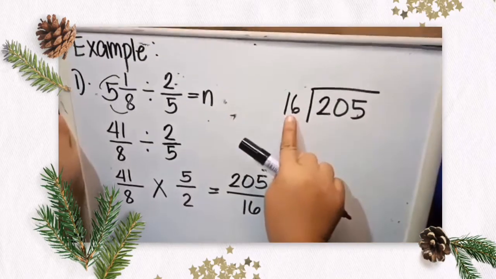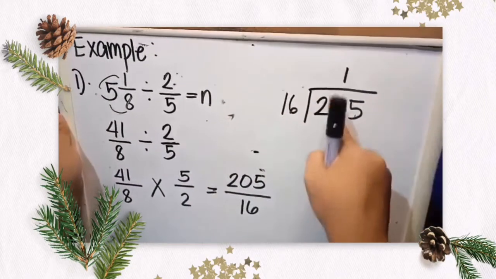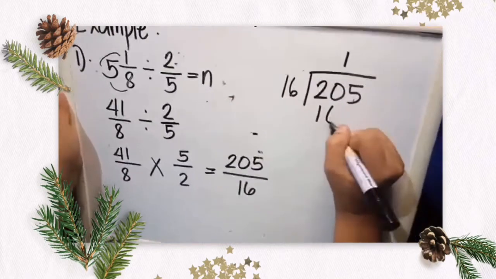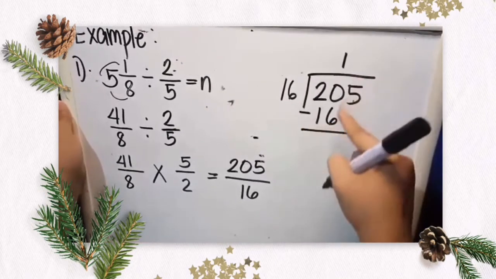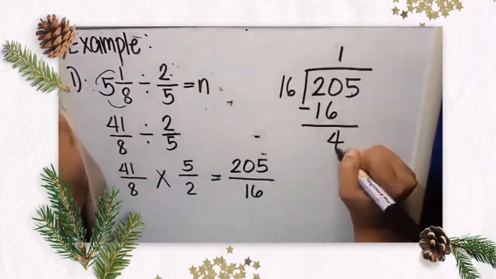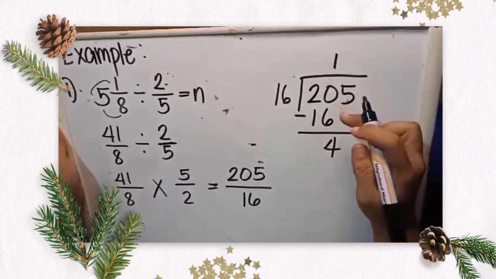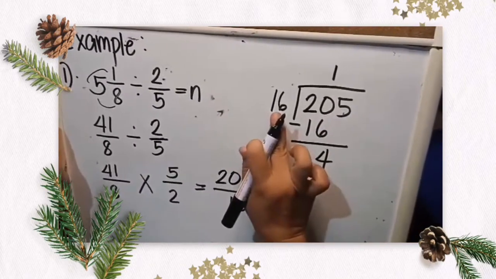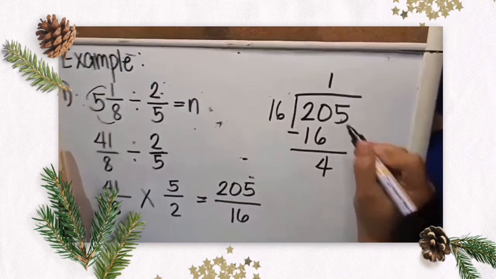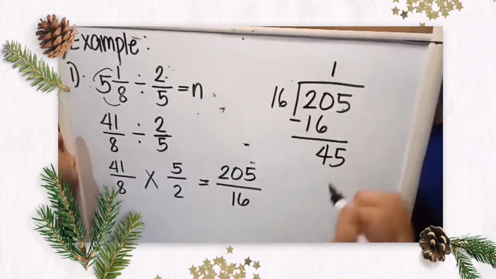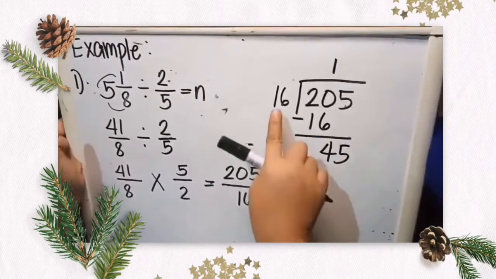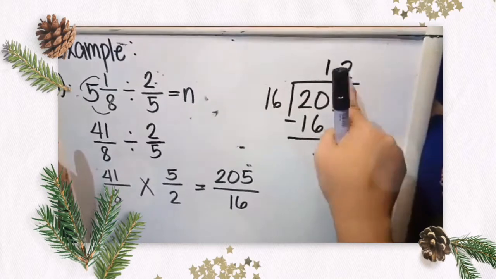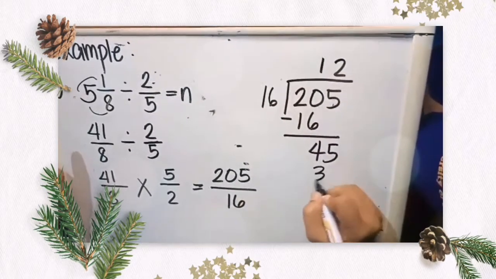20 divide 16, that's 1. 1 times 16, that's 16. 20 minus 16, so 4. Kung magbaro-baro ka, ako nang gidretsyo. 4, di man na ito ma-divide sa 16, kay gamay raman si 4, so you bring down 5. 45 divided by 16, that's 2. 2 times 16, 32.